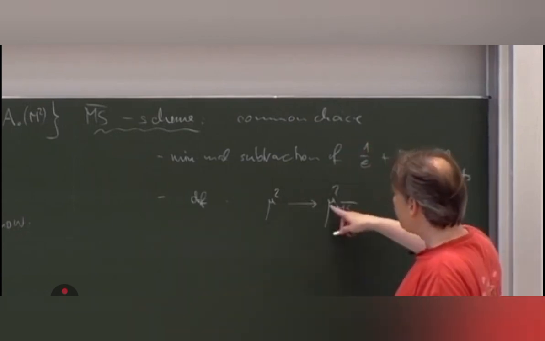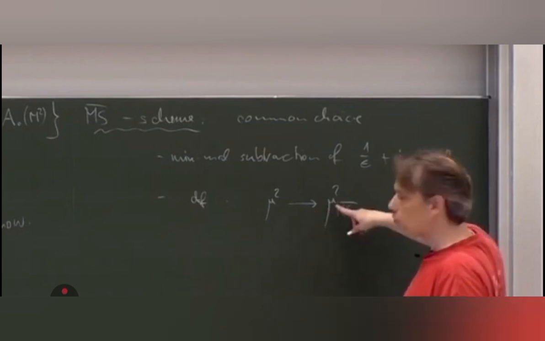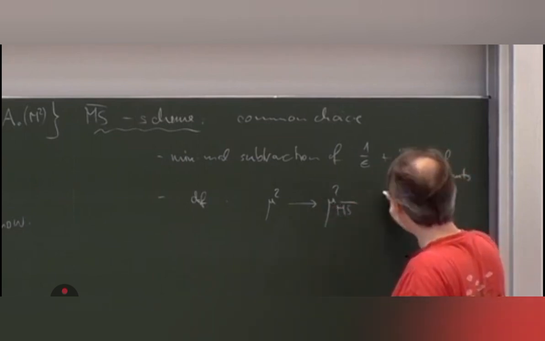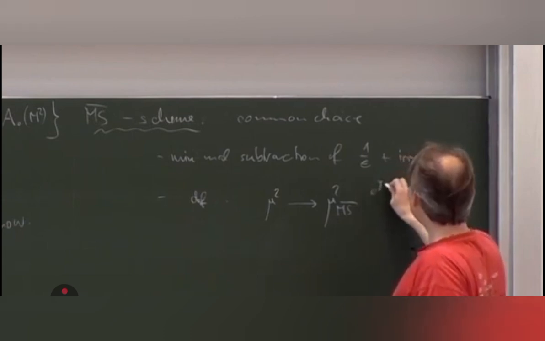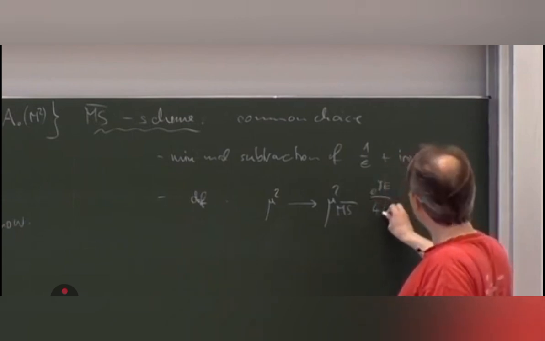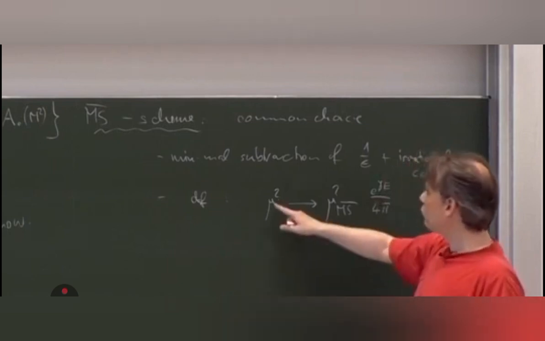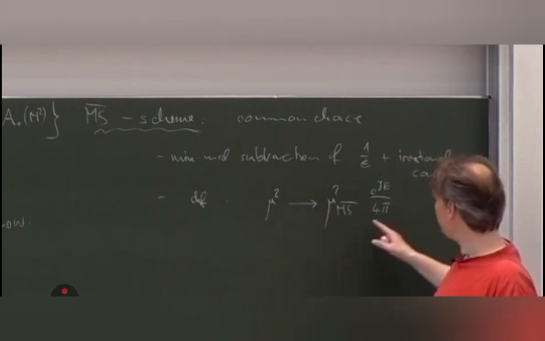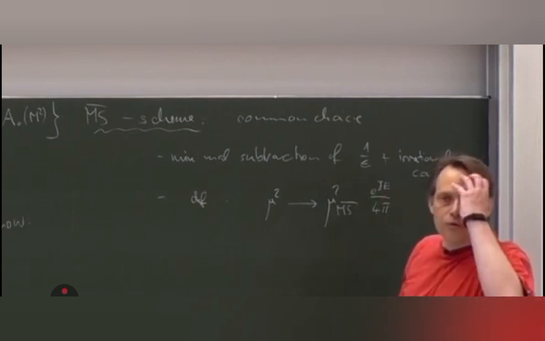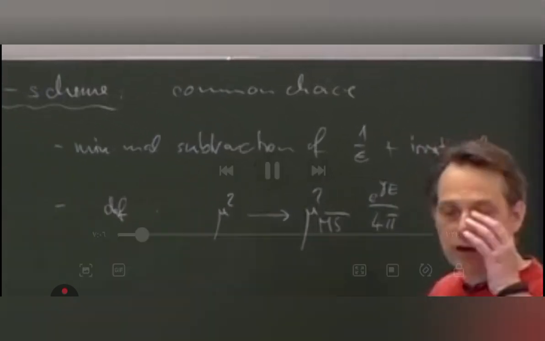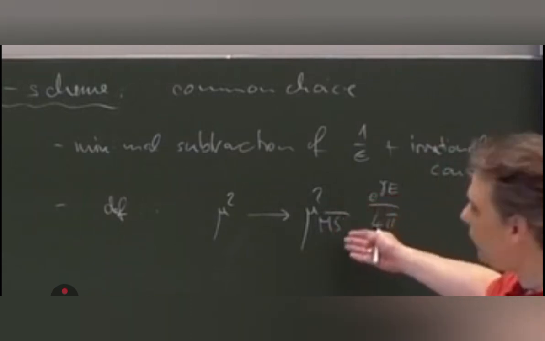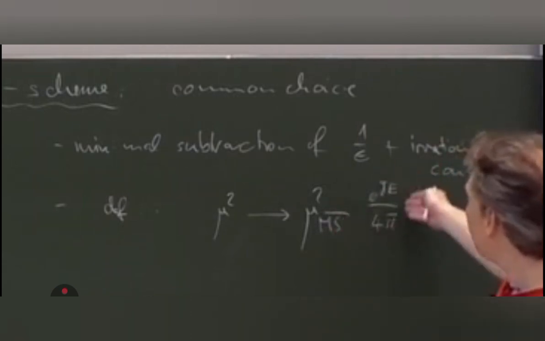Some people might drop the index, but for clarity, let us keep that index: mu square in the MS bar scheme times the following: e to the power gamma e divided by 4 pi. So the mu square is rescaled by an irrational factor that doesn't change really its meaning, because mu square is anyway unphysical. But by that redefinition, we introduce some irrational constants.